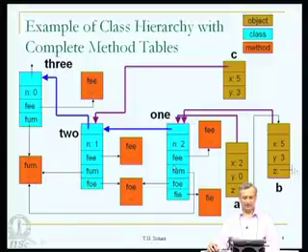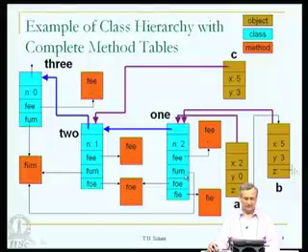Let us look at class 1. This actually inherits from 2. So, 2 in turn inherits from 3. So, 1 will have the variables of 2 and 3 both, and methods also. For example, phi is inherited, but it redefines phi.